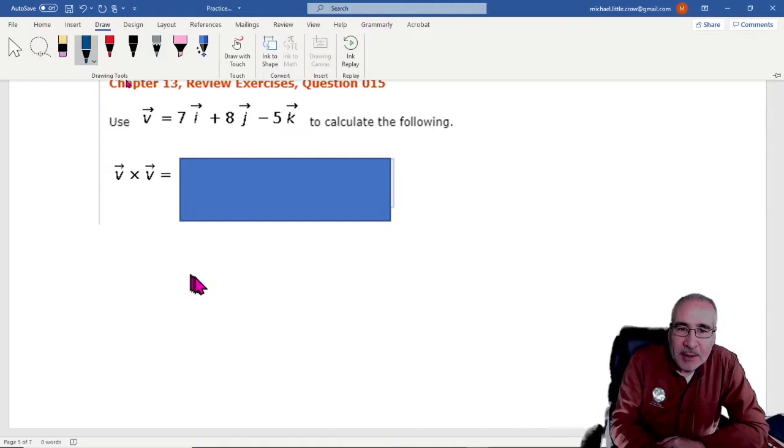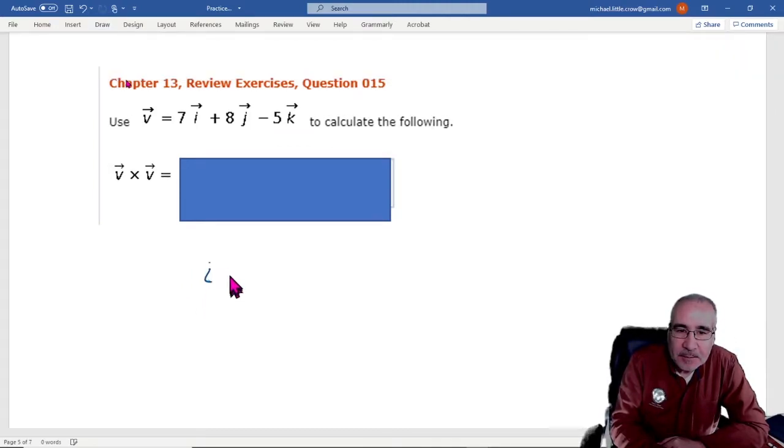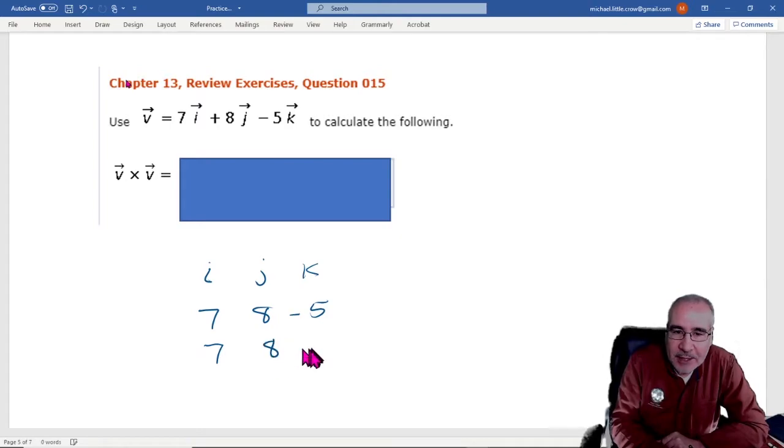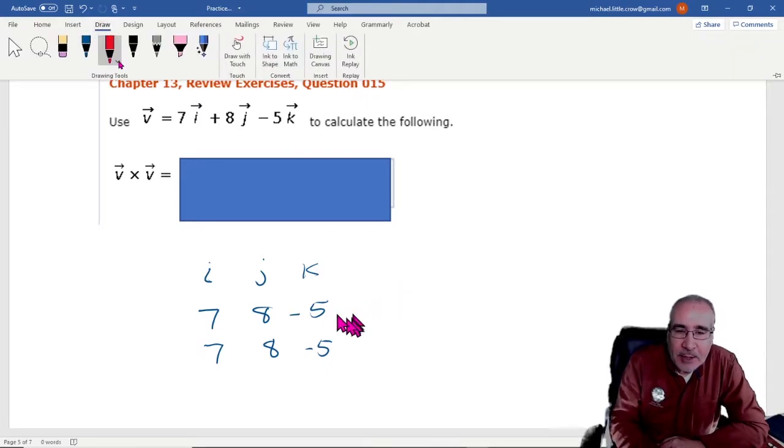So remember, to do a cross product, we sort of make a matrix. And so it's going to be 7, 8, negative 5. And we're doing it with its own self, so the second vector is 7, 8, negative 5. And then to do the cross product for the I component, you're crossing the j and the k components, right?